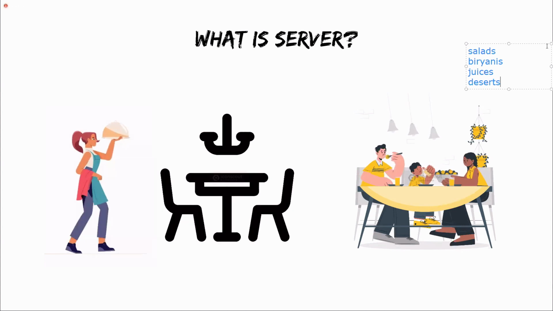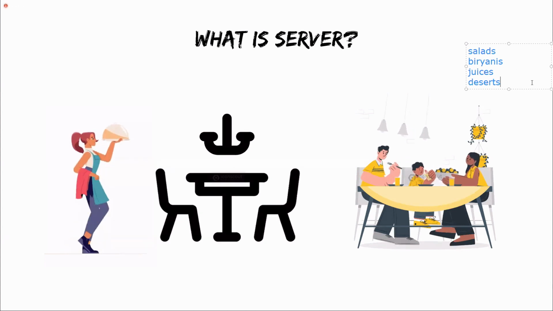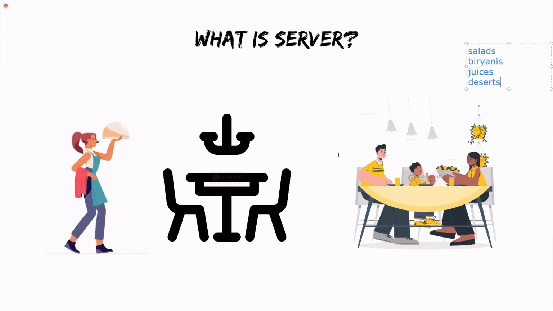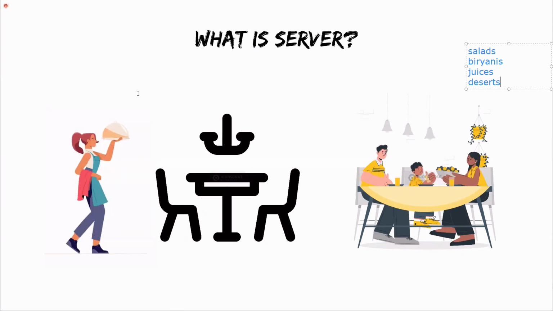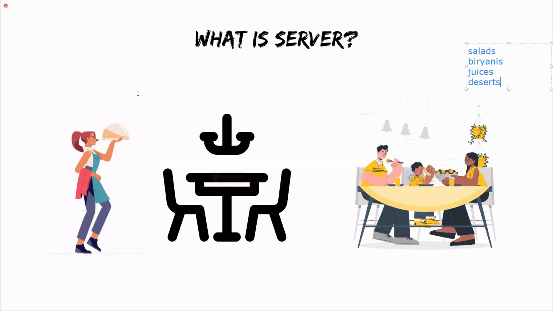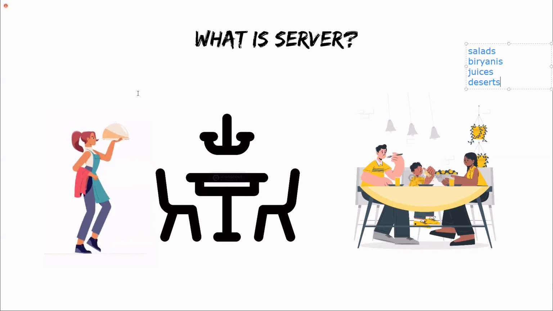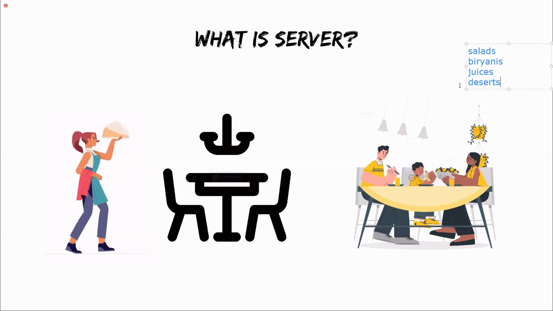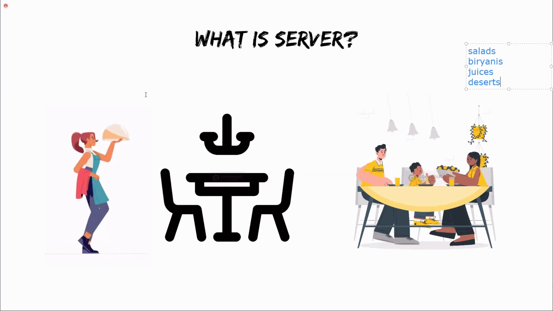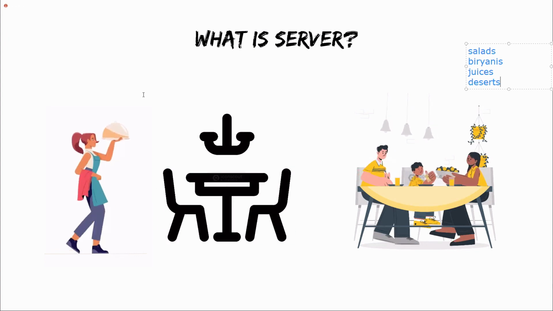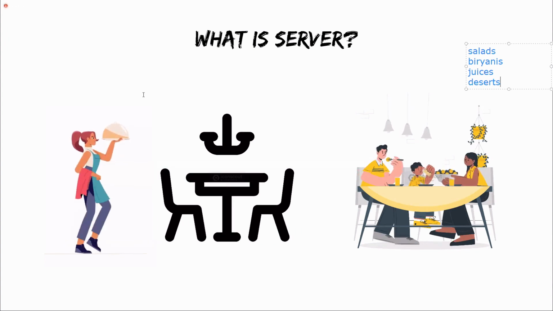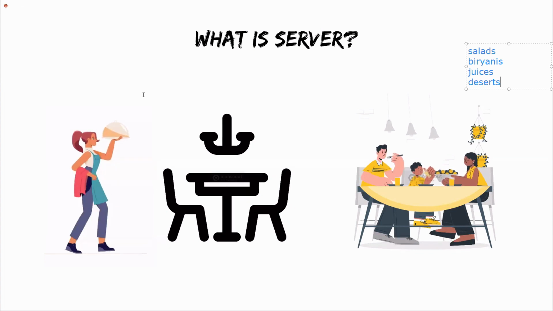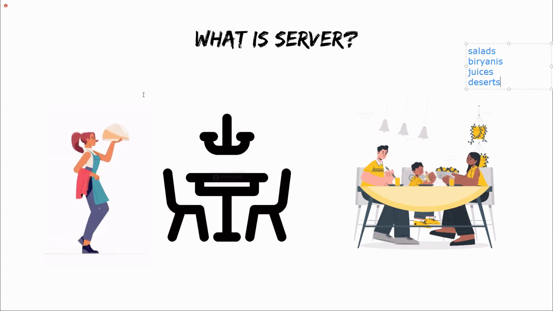Once we have ordered as per our requirement, I call the server. They will bring the menu card and ask us, sir, what do you want? I have selected all of this from the menu and given instruction to the server to bring all of this. What is the server going to do now? Bring what the requirements are for me, right?